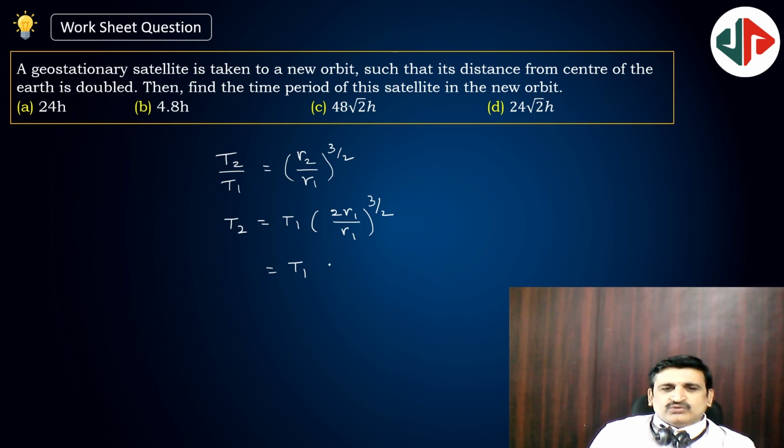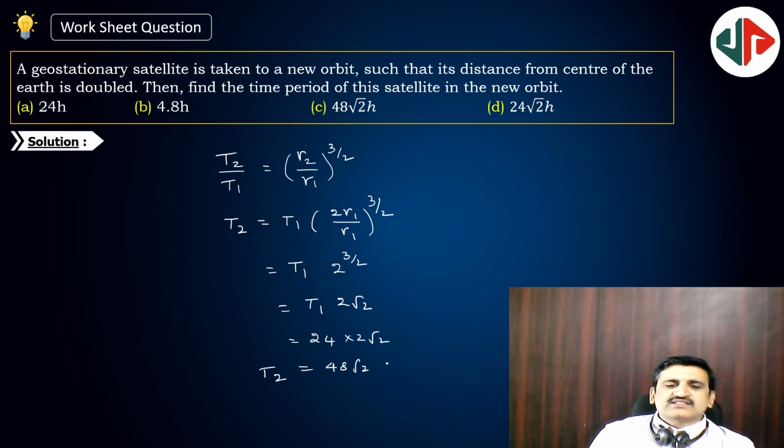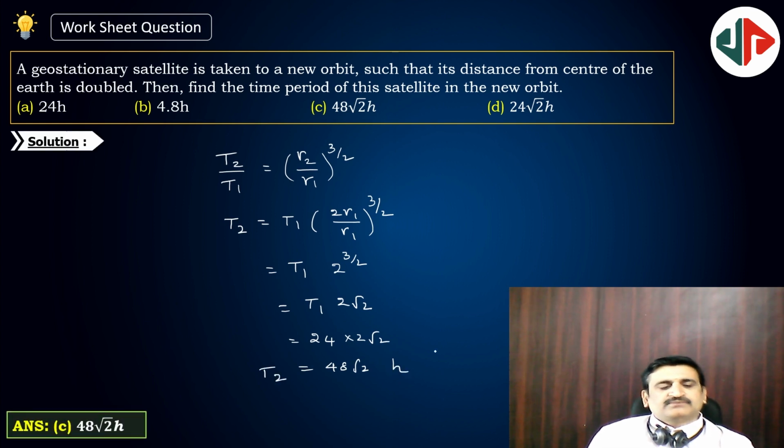So 2 to the power of 3 by 2, that is 2 cube, 2 cube is 8, 8 root is 2 root 2. T1 is 24 hours, so 24 hours into 2 root 2. That means 48 root 2 hours is T2.